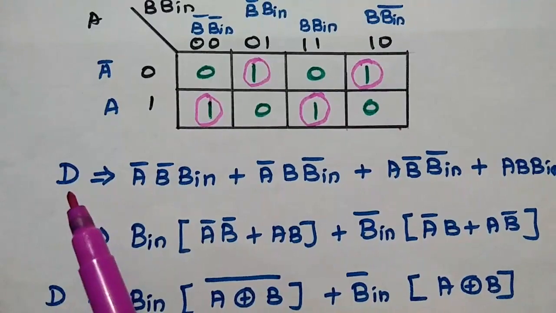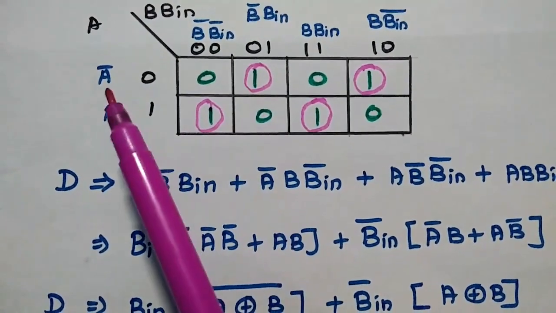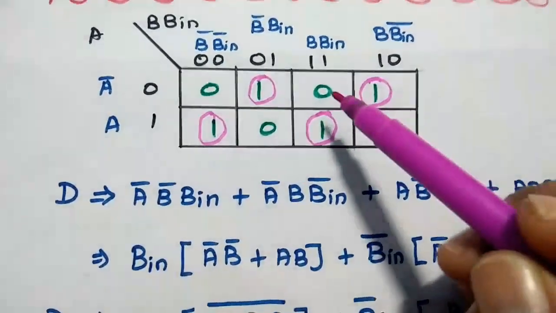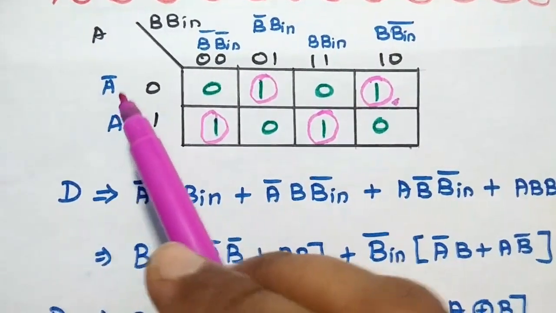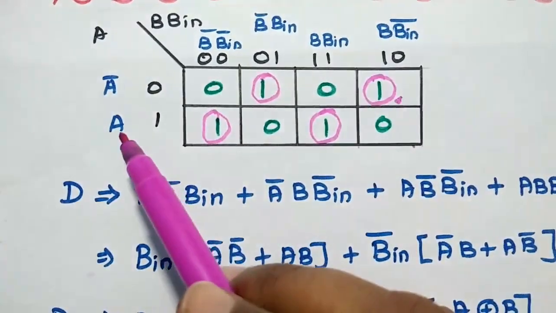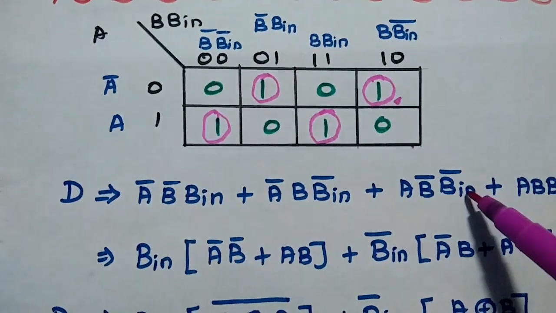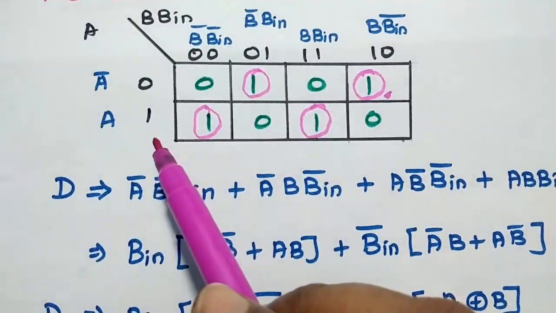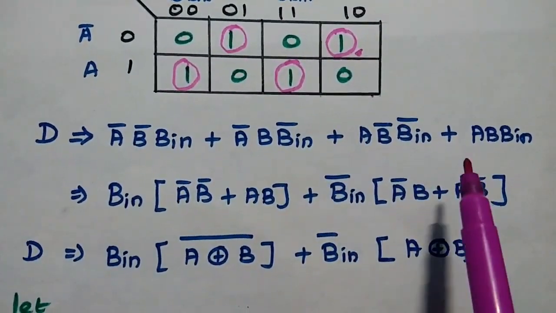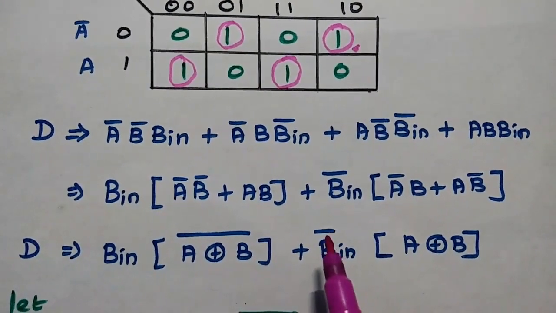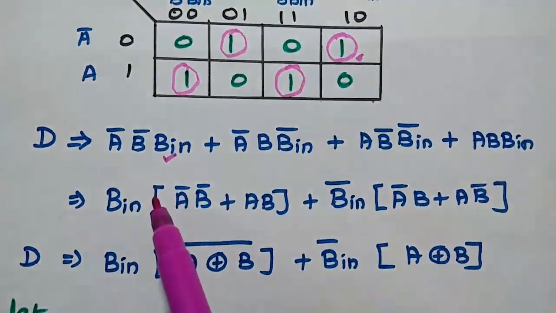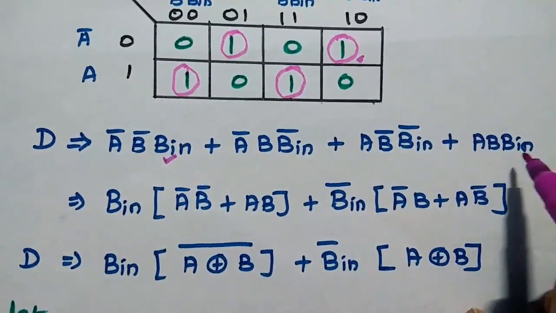So we can write the difference is equal to A bar B bar B in, plus A bar B B in bar, plus A B bar B in bar, plus A B B in. Okay. After writing this expression we are going to simplify it further. For that we have to take B in. Which are the common terms? Here B in is there, likewise B in here.